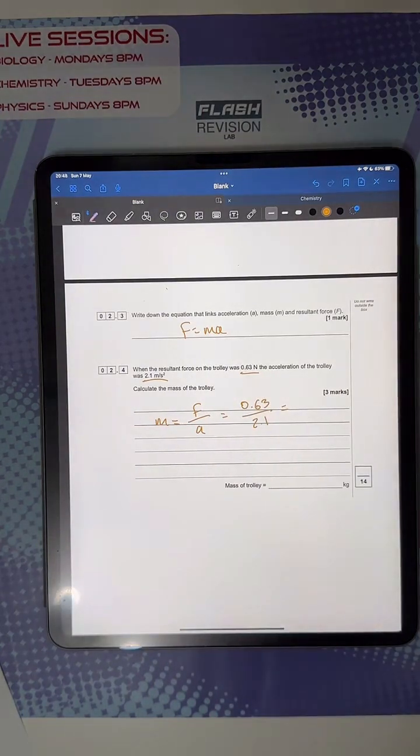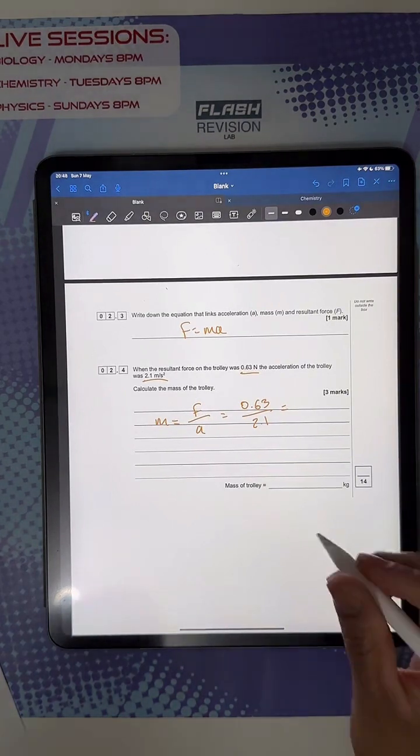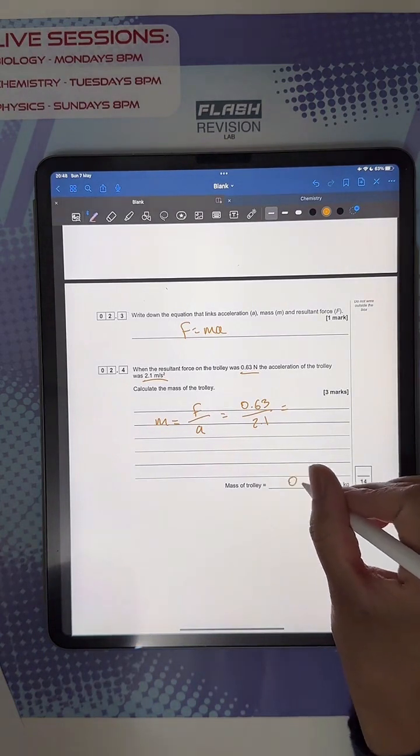Anyone got the answer? Yeah, well done guys, 0.3.